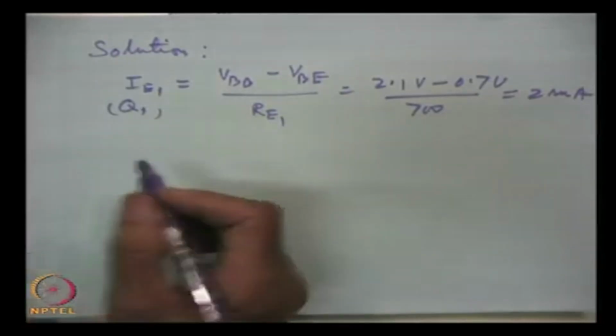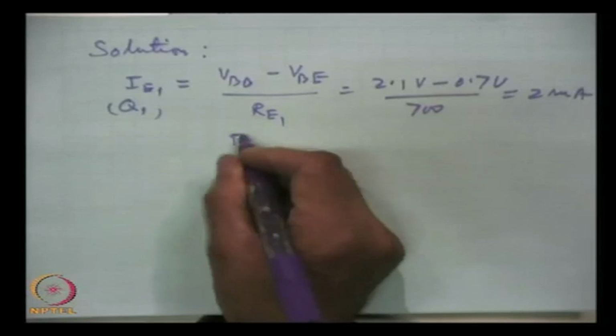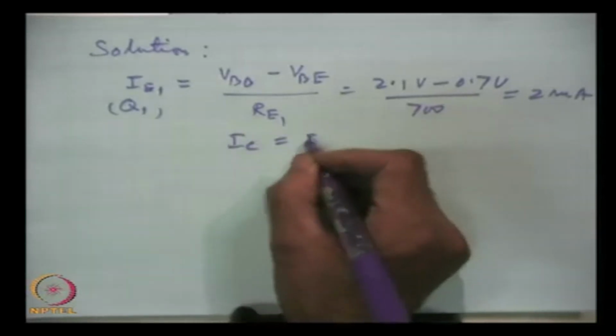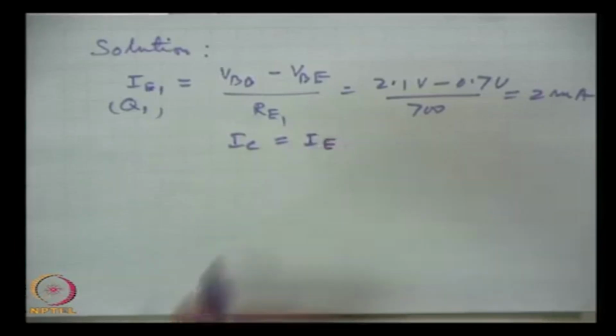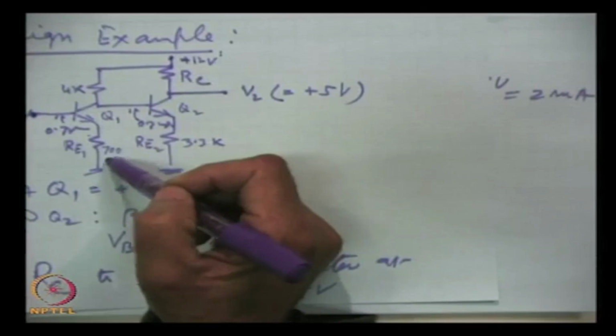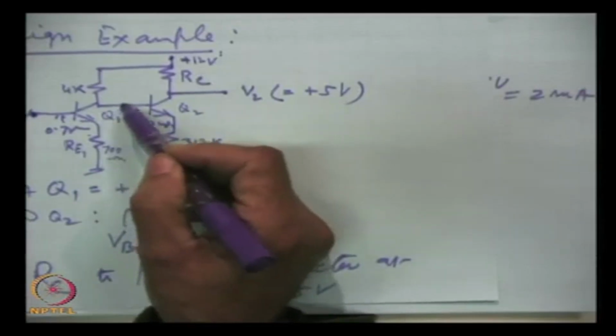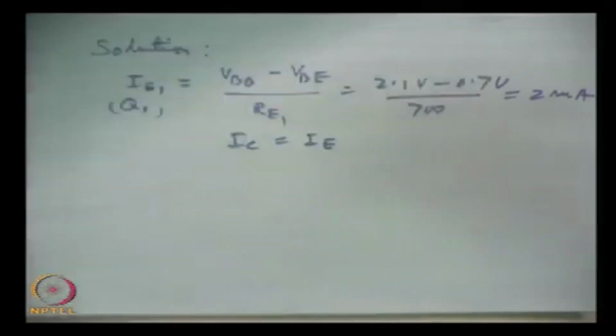And so, this 2 milliampere, IC and IE are the same. IC is always equal to IE in bipolar transistor analysis. So 2 milliampere flows through here, and then we know what the voltage at the base of Q2 will be.